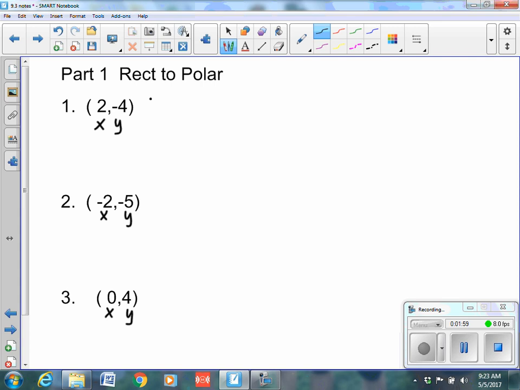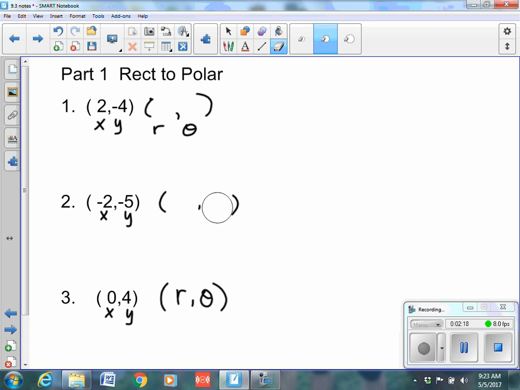And what I'm going to give you is the same points, an r and a theta. If you overlaid them on the same graph, it should be the same point, correct? And it's really easy. I don't know why I just put those in there, they're supposed to go below them. But you get what I'm doing. Okay, ready to go, you guys?